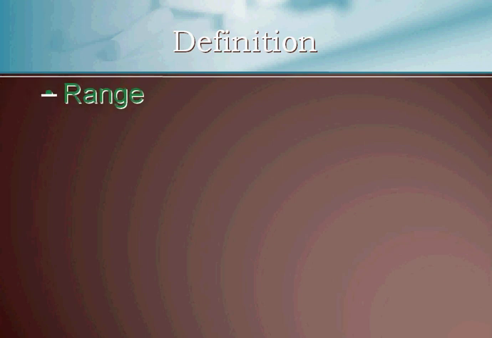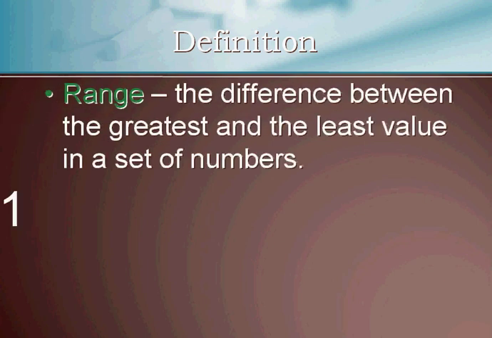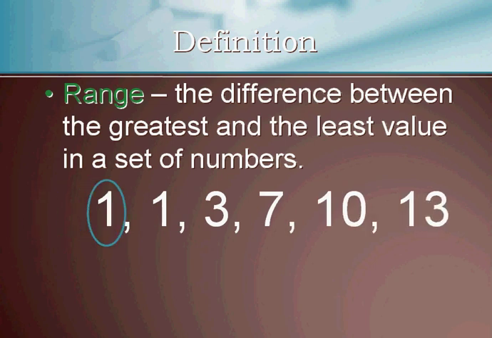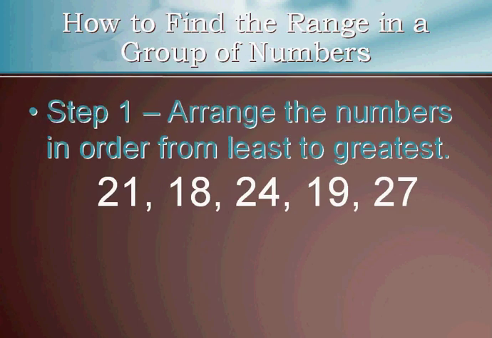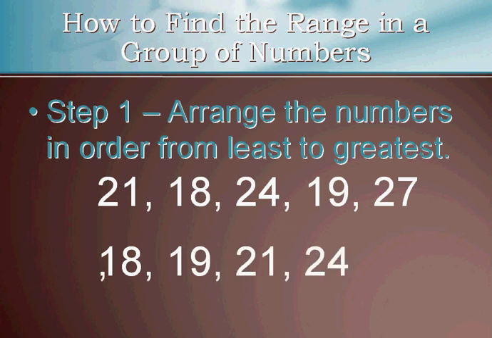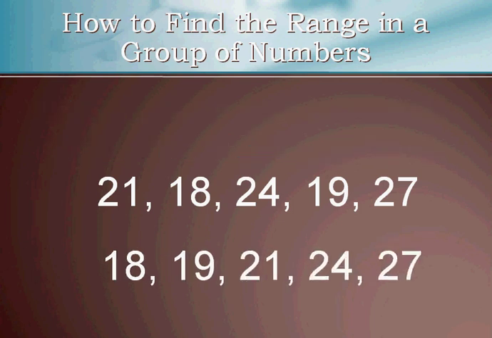The lower extreme, upper extreme, we subtract those. The range is 12. Step 1, arrange the numbers least to greatest. Step 2, find the lowest and highest numbers, the upper and lower extremes. Step 3, subtract.